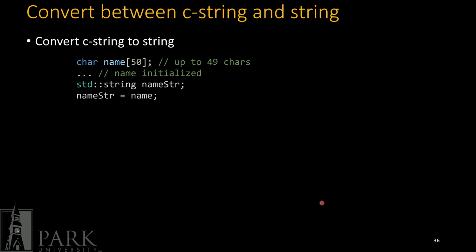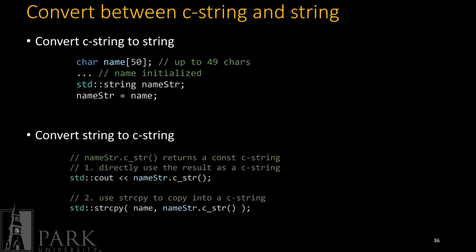Now, if you want to convert from a string to a C string, the c_str member function of the string class allows you to convert the calling string object to a C string and return it. Okay, and you may use this directly, as you can see right here. So we are printing out this name string converted to a C string, or you can use strcpy to copy it into another C string if you need to modify it later.